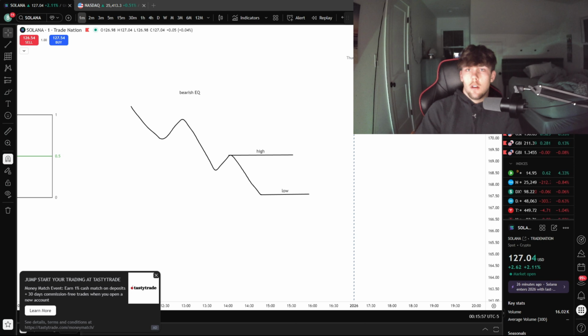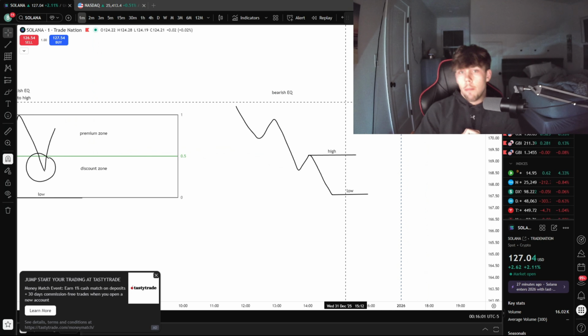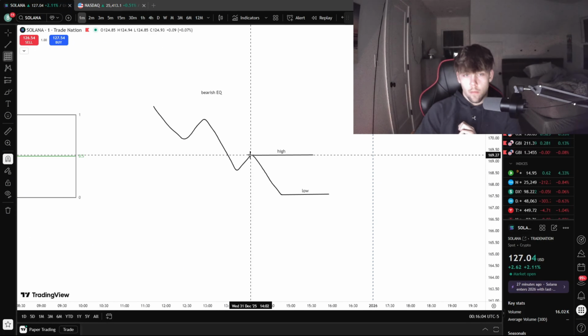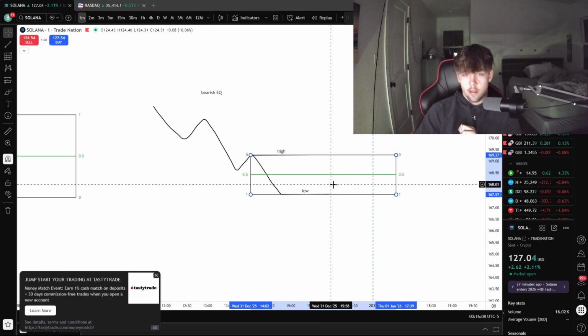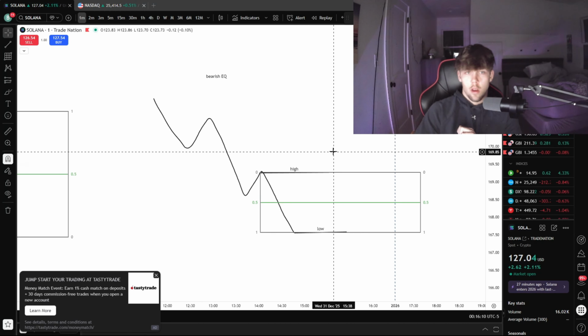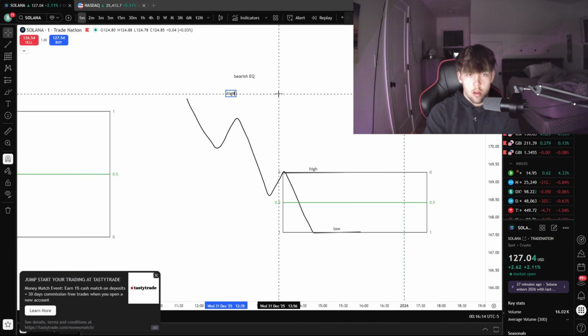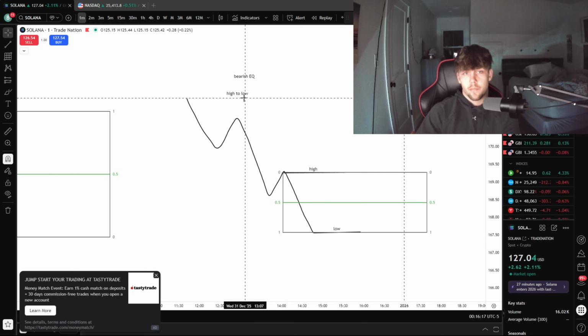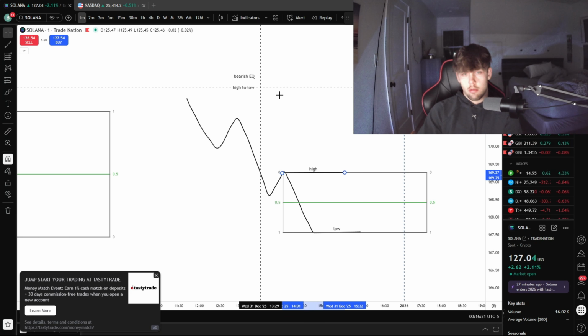Okay, so take your GAN box, not from the low to the high, but from the high to the low on bearish equilibrium. Take it from the high all the way down to the low. Make a text box for that too. High to the low.